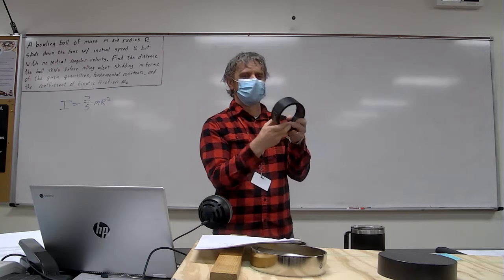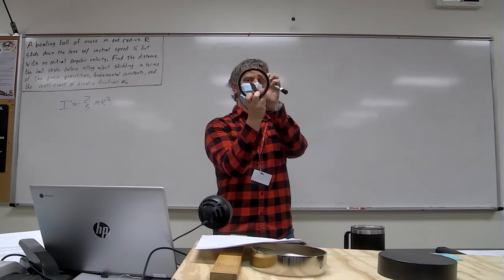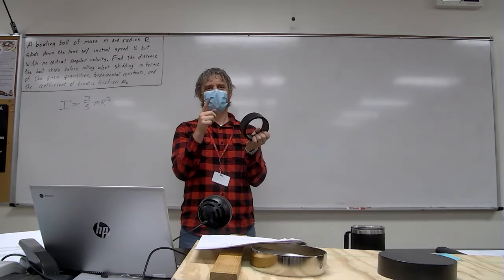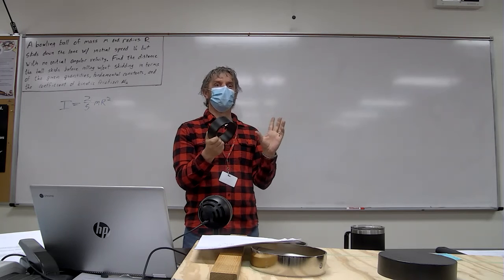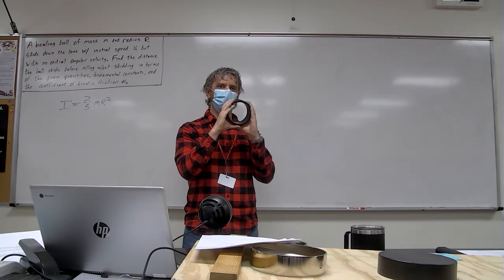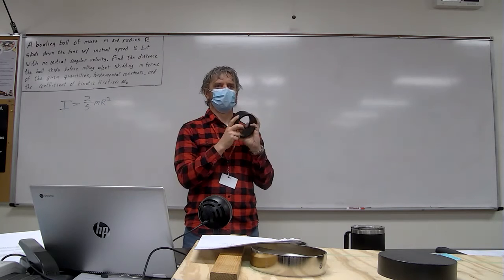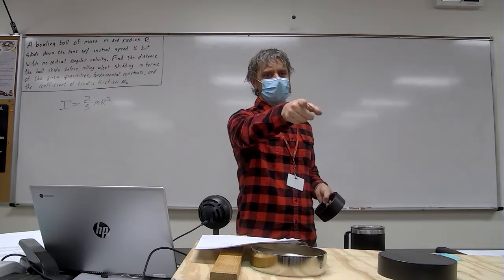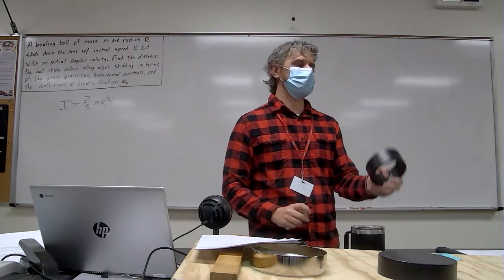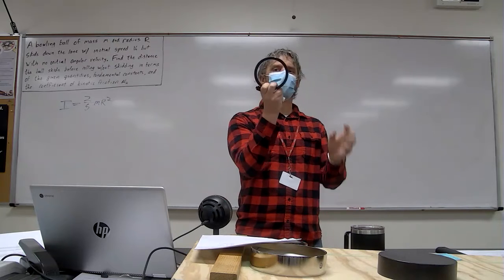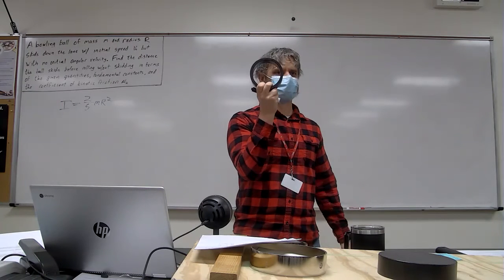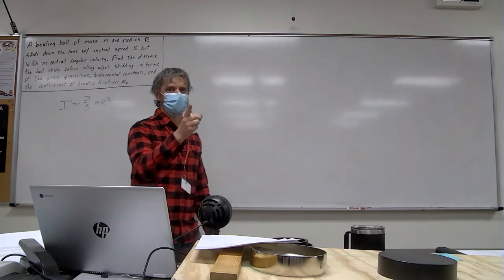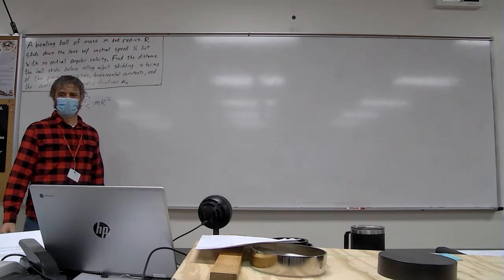This one's much less so, right? This is pretty thick, and the radius is smaller. So in reality, you can't neglect it completely. There's a different formula for the rotational inertia for a hoop that is not thin, and the same thing applies to spherical shells as well. So for the ones on your formula sheet, the rotational inertia will take into account the outer radius and the inner radius. But in this class, you don't really deal with that stuff. That's a good question, but beyond the scope of this class.